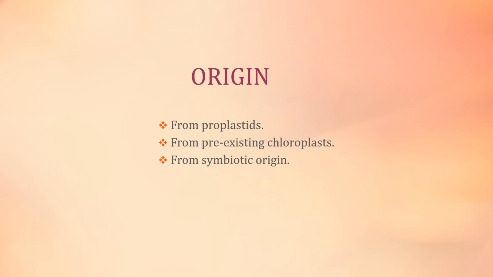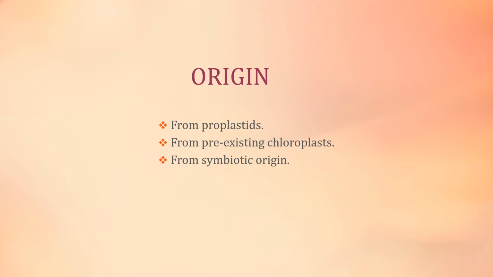The inner membrane develops infoldings called lamellae. In the presence of light, its lamellae progressively develop into thylakoids and the proplastid becomes a plastid. From pre-existing chloroplast. In algae and ferns, the new chloroplasts originate by the division of the pre-existing chloroplast.